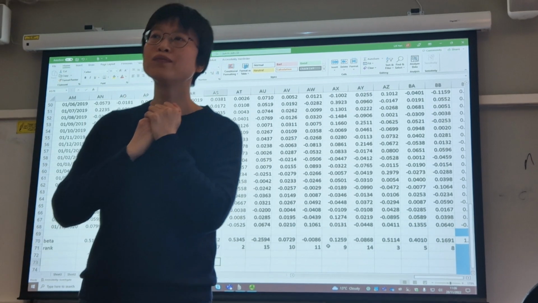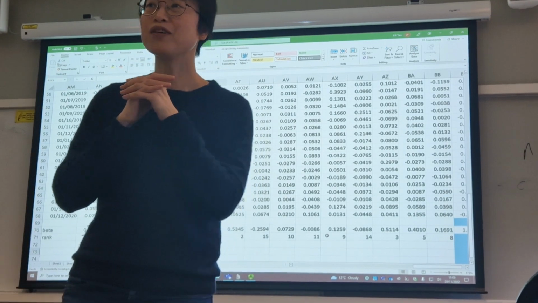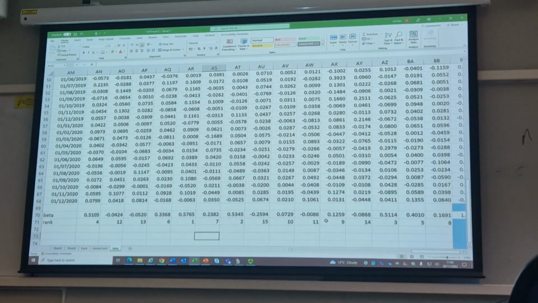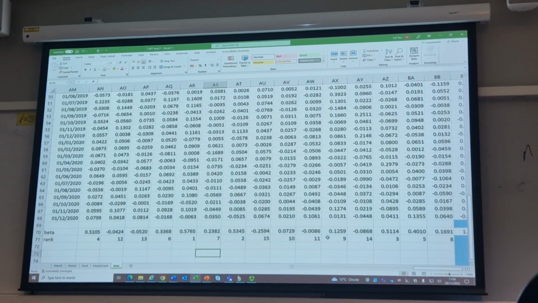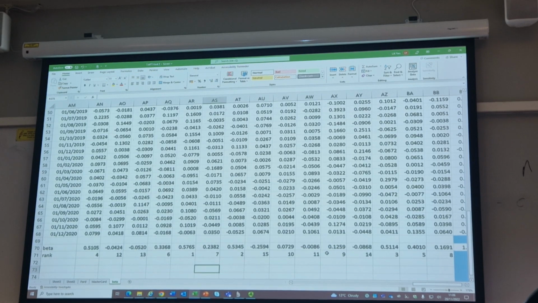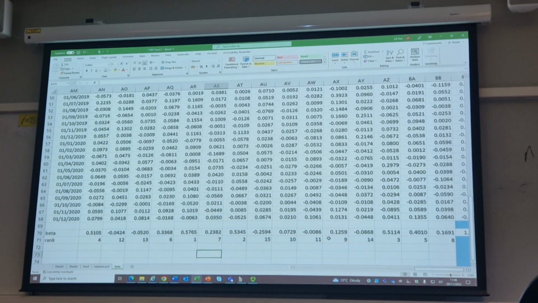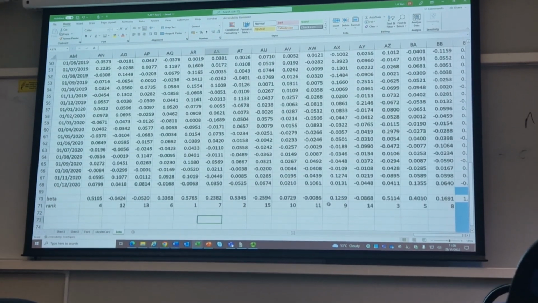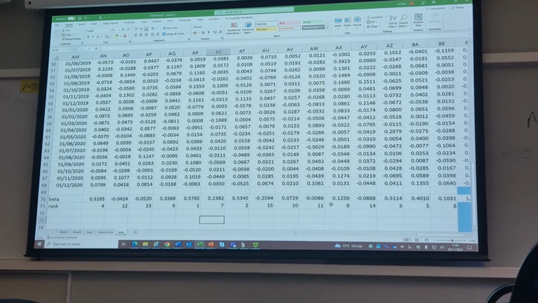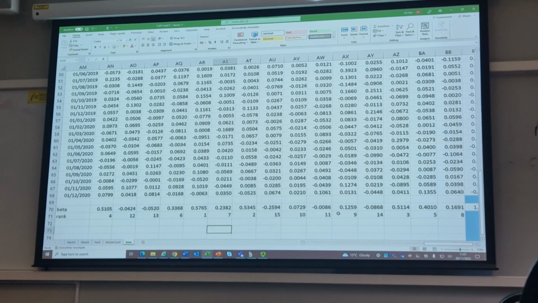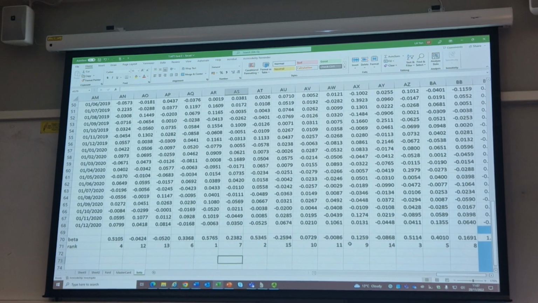Is that clear? Or are you overwhelmed? Do you think it's too much? It seems very complicated, very overwhelming, but once you construct 10 portfolios for the 30 stocks, given short sales are not allowed, you can easily do the remaining part.